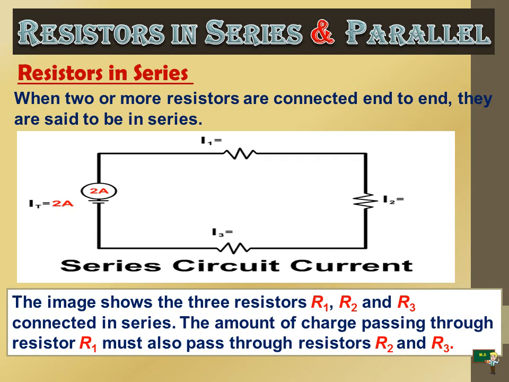The image shows three resistors R1, R2 and R3 connected in series. Now the amount of charge which passes through resistor 1 must also pass through resistor 2 and resistor 3.